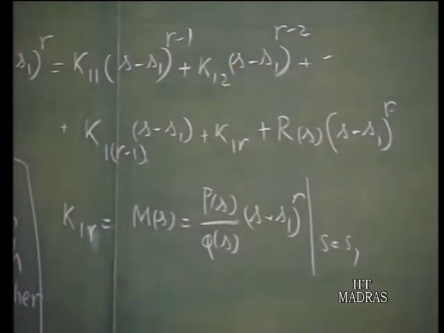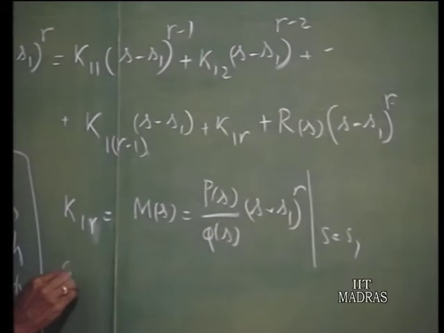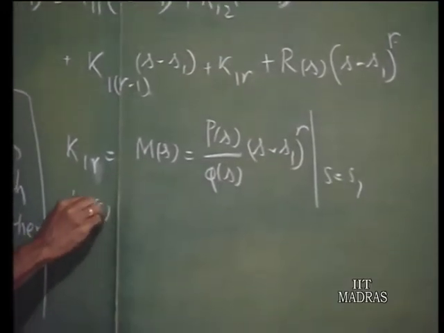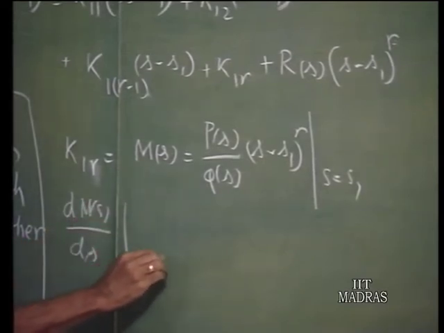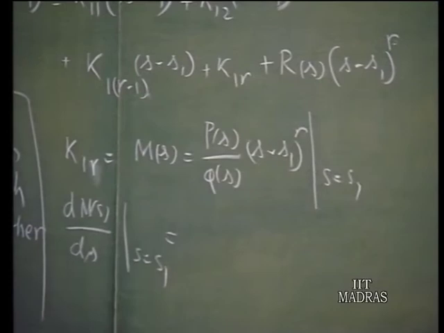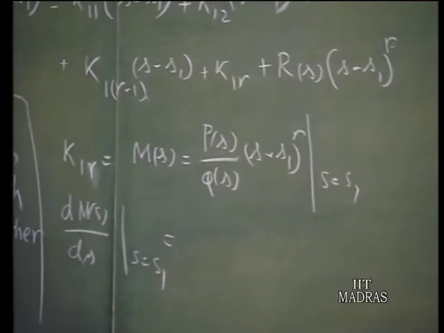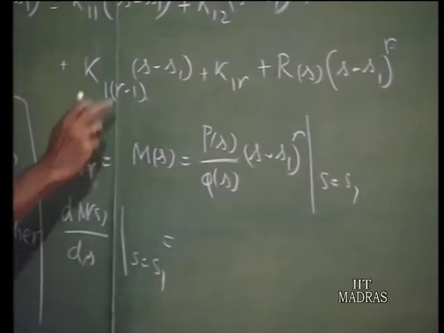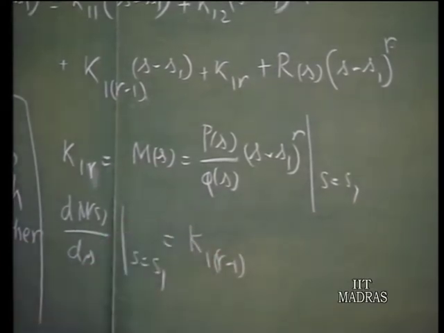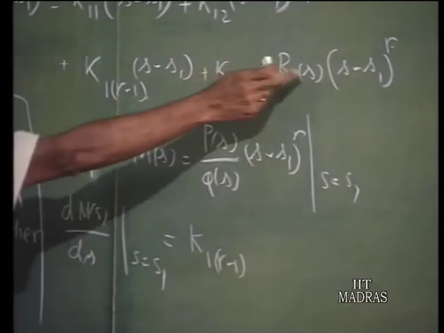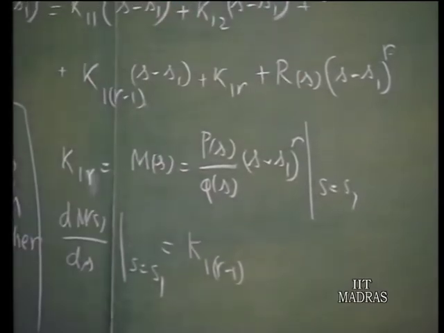Therefore, they all drop out. So, when you have dM(s)/ds and substitute s equal to s1, the only term that remains is k1(r minus 1), because k1r disappears and all the other terms have a factor (s minus s1).